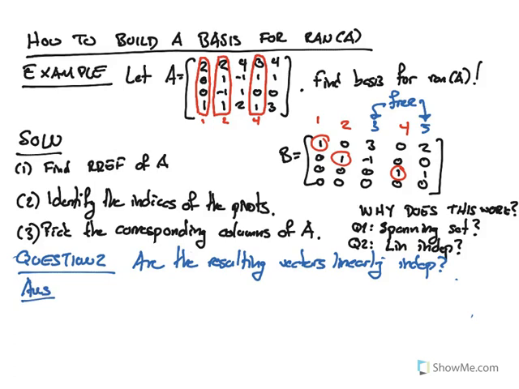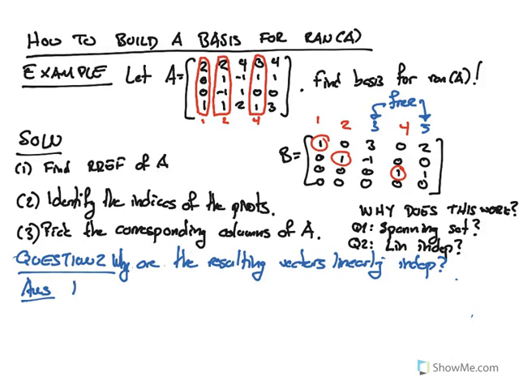And the answer here, or they are, I've claimed that they are, so we know the answer, but why is that? Maybe that would be a better way of phrasing this. Why are the resulting vectors linearly independent, or how can we know this?